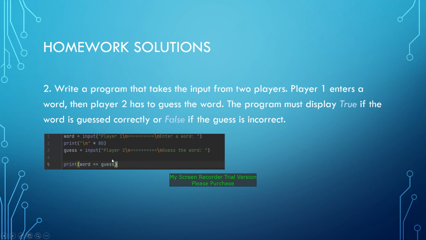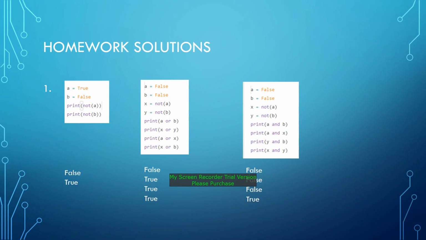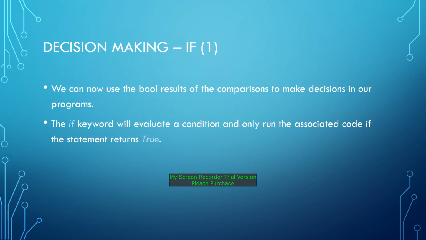But for now, you just have to understand that these two words have to be exactly the same. If there's an uppercase letter, for example, in the first word, but not in the second word, even though the word is the same, it will return false, because it checks every letter to see if it is exactly the same. All right, so we can start now with our decision making, our new lesson for today.